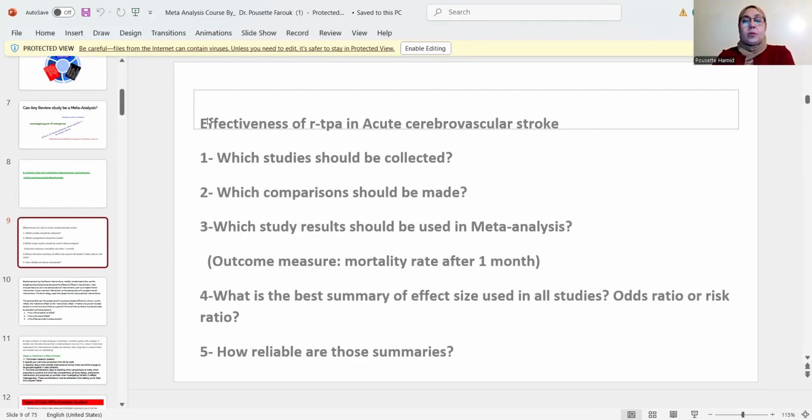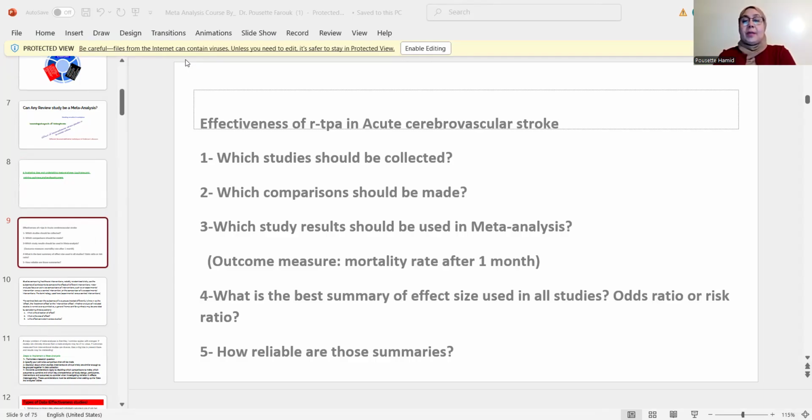I hope that others will follow. What studies should be collected? I have to collect randomized clinical trials, which are recent, updated, and relevant. Randomized clinical trials, peer-reviewed, in English language.